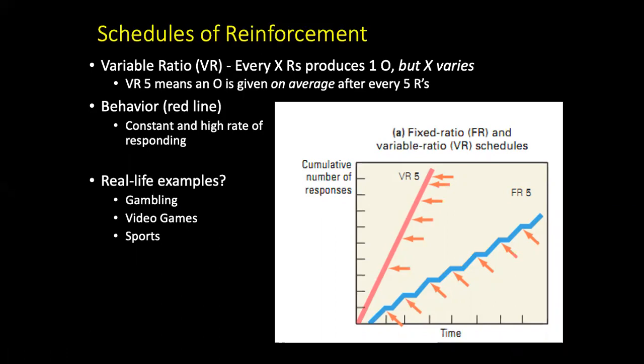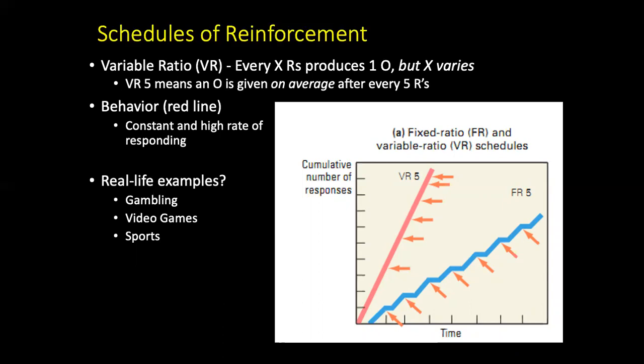Every certain number of pulls, there's going to be a win, but you don't know how many it is. And so you keep working to try and get that, right? Video games, if you've ever played games where you get items or different types of rewards when you play, right? It's variable, and so it remains very motivating to get there. Variable ratio is the strongest motivating schedule.